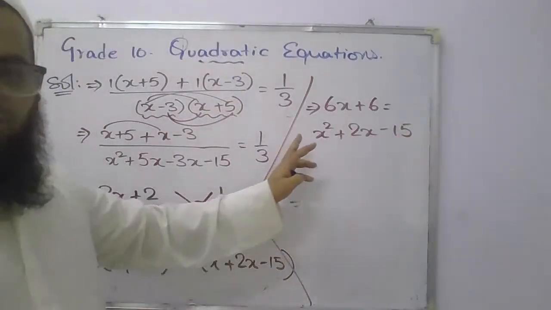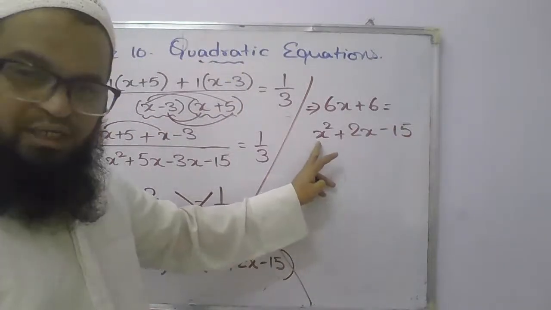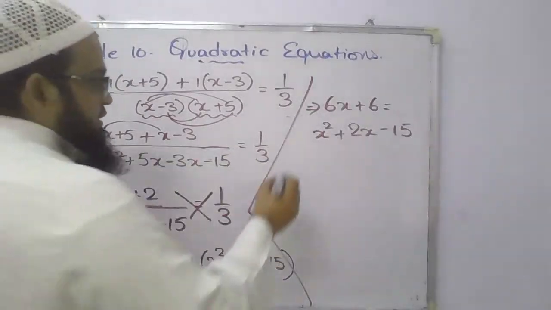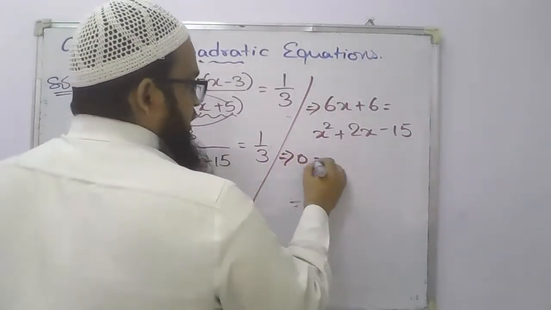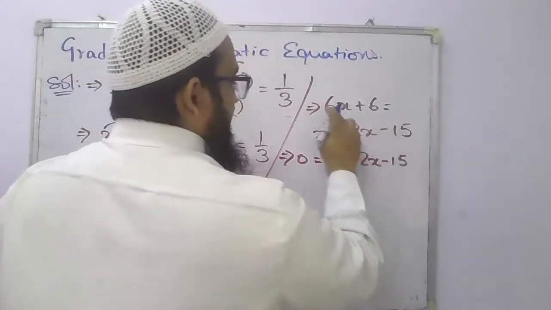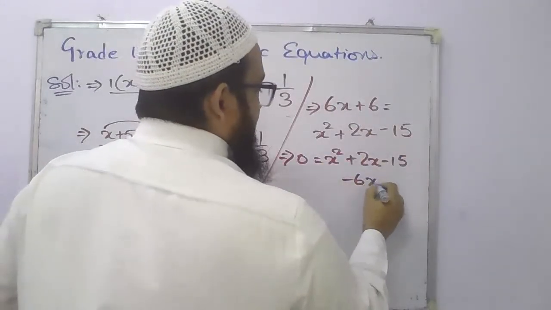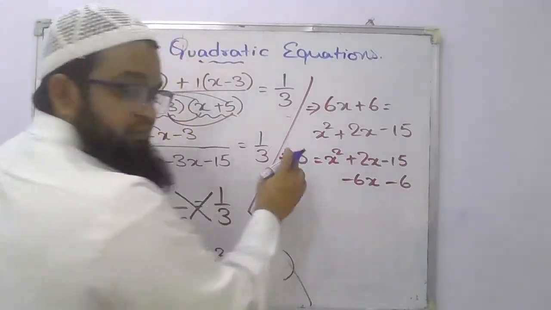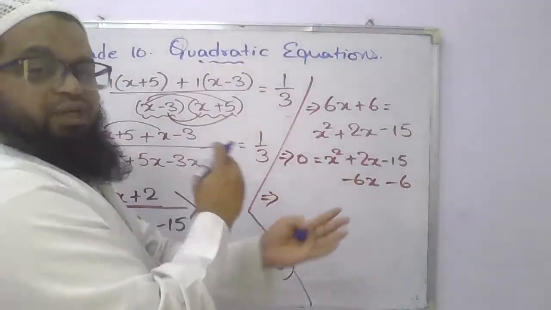And since x square is positive on the right hand side, transpose everything to the right hand side. That implies 0 equals x square plus 2x minus 15 minus 6x, plus 6 will become minus 6. When you have 0, you can change the order, right?